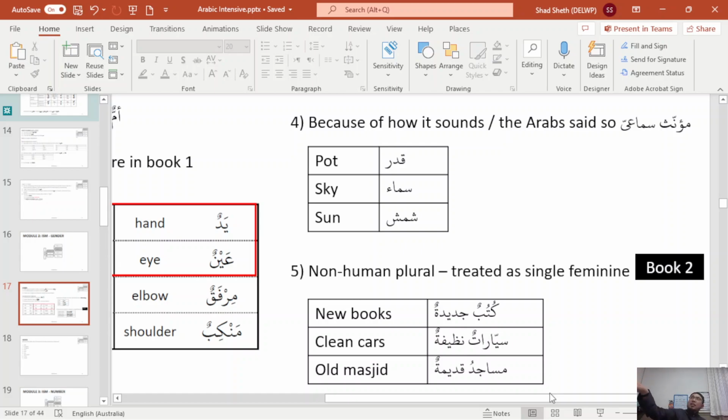Pot, sky, sun. There are more. There's actually a story, but I'm not going to share that with you too early. In Bayina, they give a story for you to remember all the words. But for now, just remember these three. I think that should be enough for practice. So sky, pot, sun.